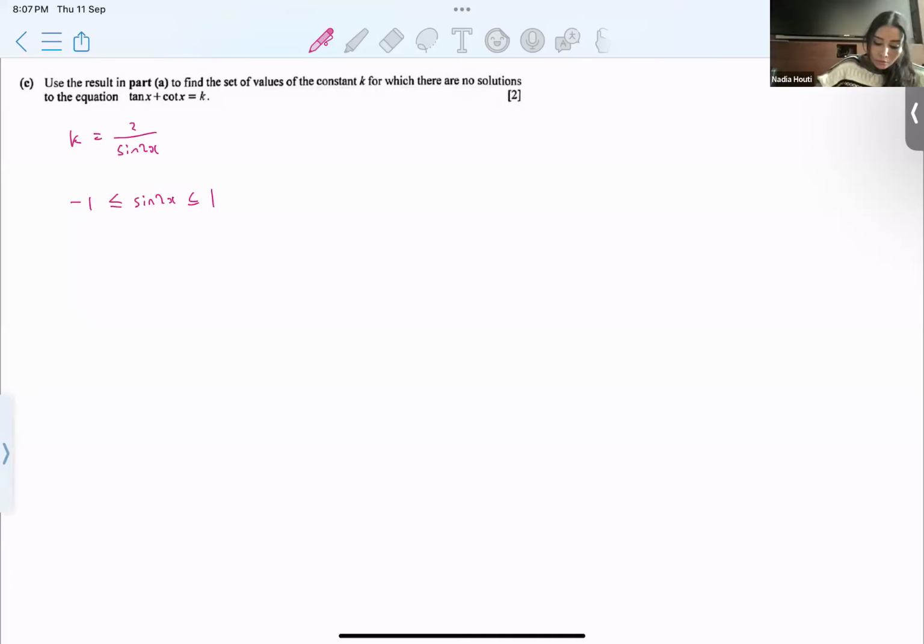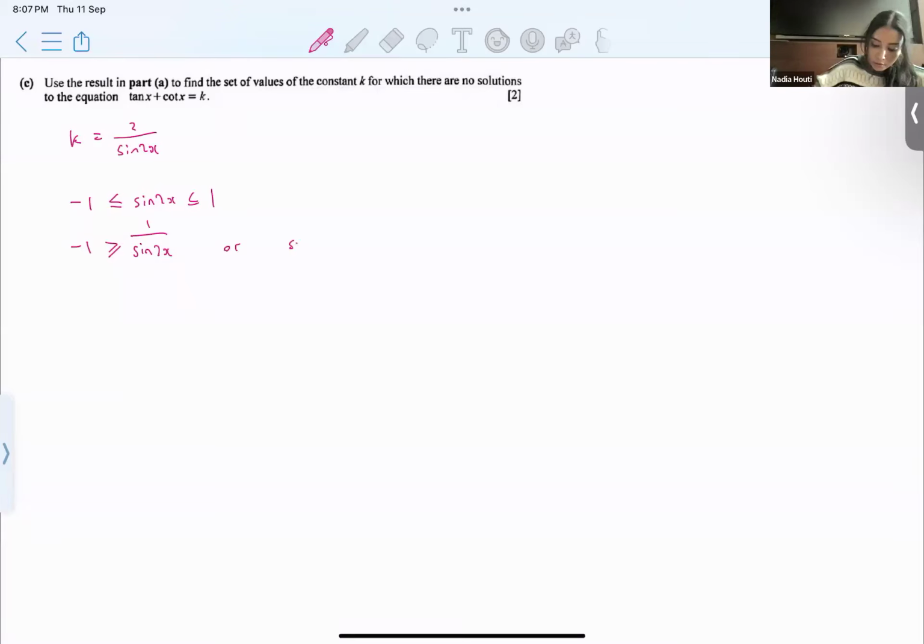So what about 1 over sin 2x? If you want the reciprocal, we want to know what range 1 over sin 2x can be. When you get the reciprocal, you can just get the reciprocal of the lower and upper boundary too. The reciprocal of -1 is actually still -1, because it's 1 over -1, but we flip the sign.